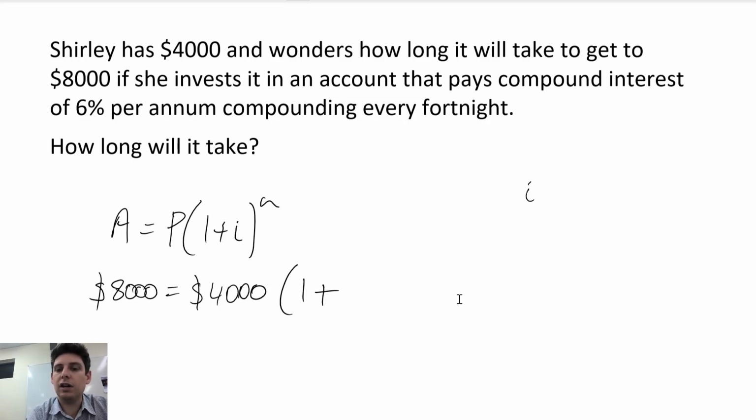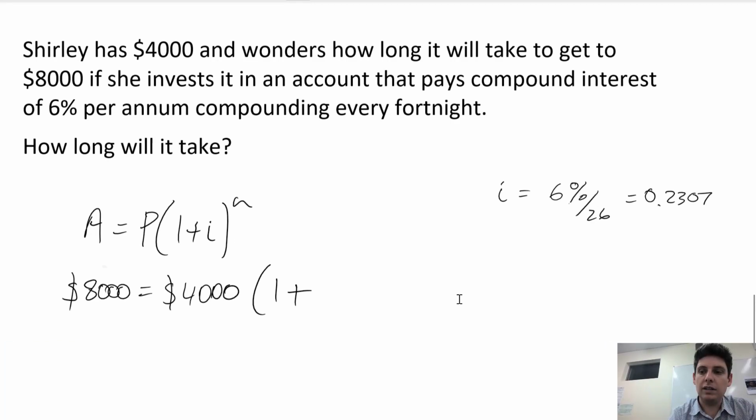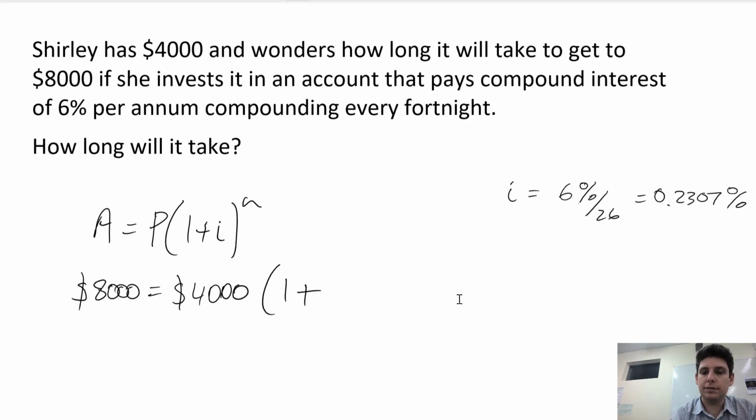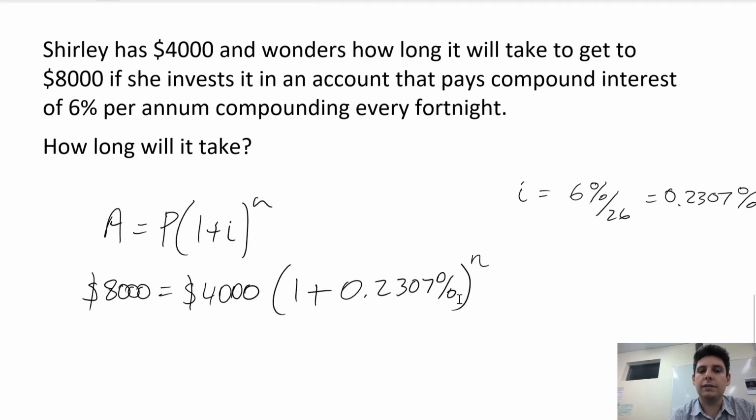So let's convert I to fortnightly. Now, this is tricky. There are not 24 fortnights, there are 26 fortnights in a year. So we end up with a bit of a weird decimal. That's the fortnightly rate. And we don't know what n is.